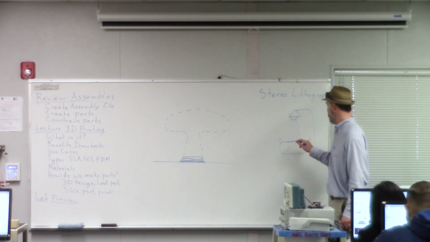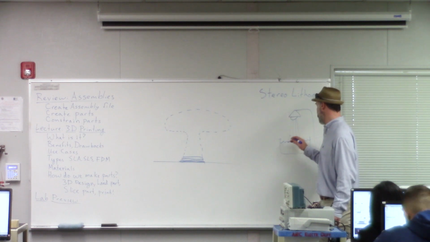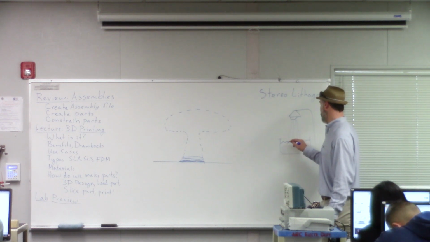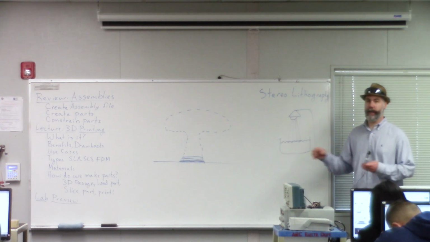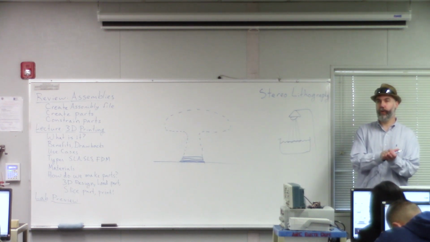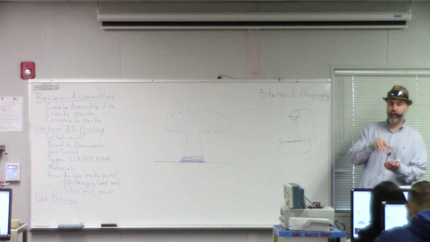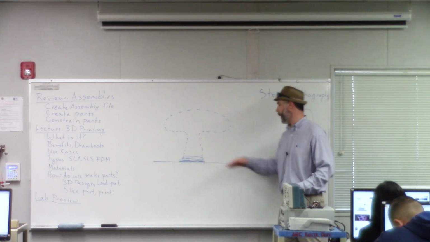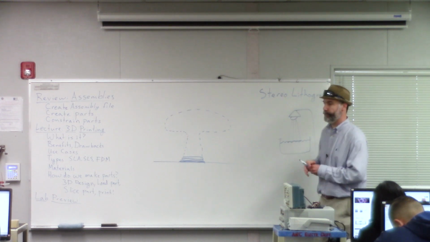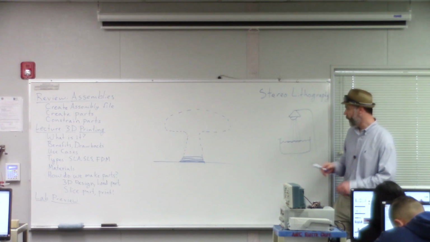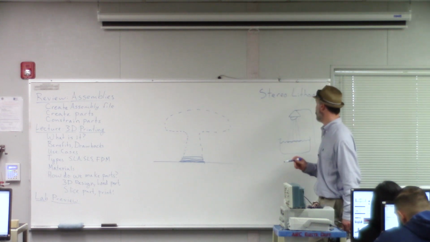And then the vat gets raised up a little bit, and then the projector shines down the image of the second layer, and then that layer gets cured on top of the first layer, and so on. And you build up layers that way by projecting down UV images of the shape of each layer. Okay? So that's how stereolithography works.